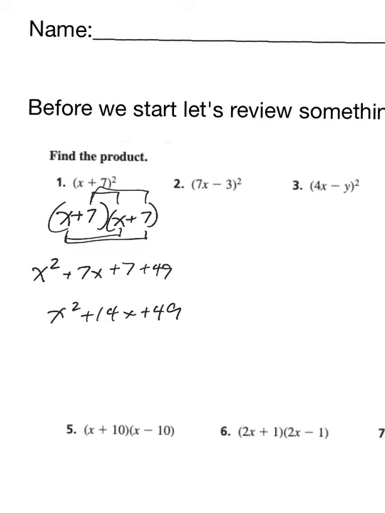And you may already remember that there was an interesting pattern to this product of a binomial square. If you look at the original problem, you have x plus 7 squared.